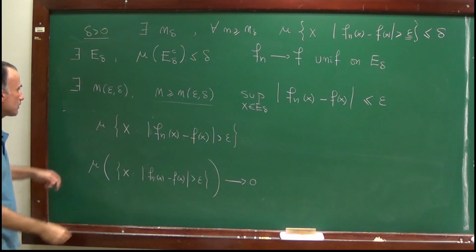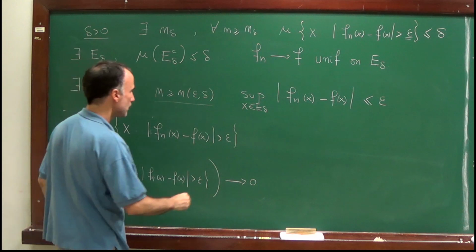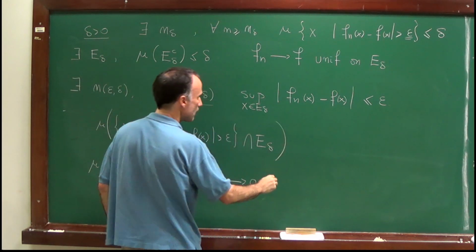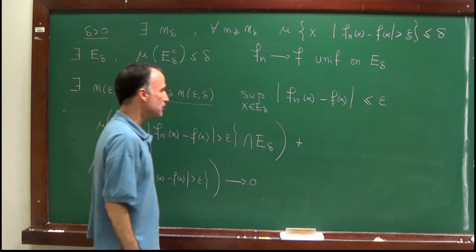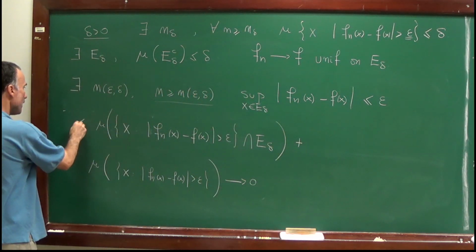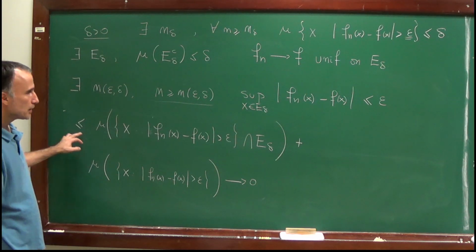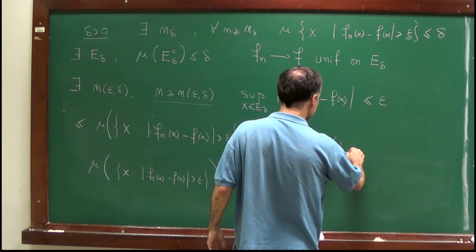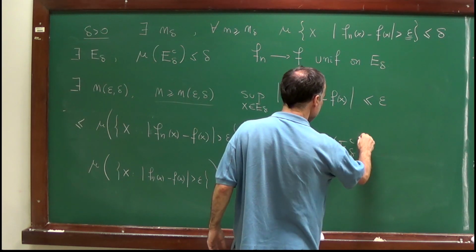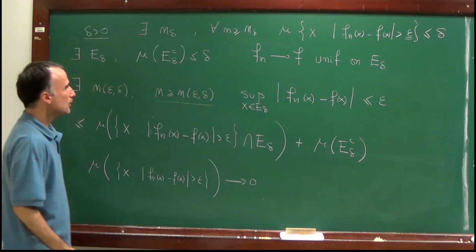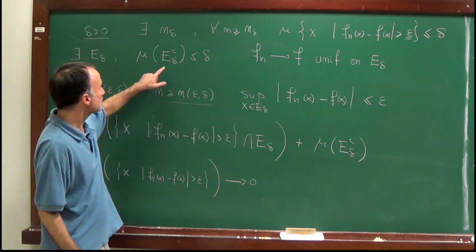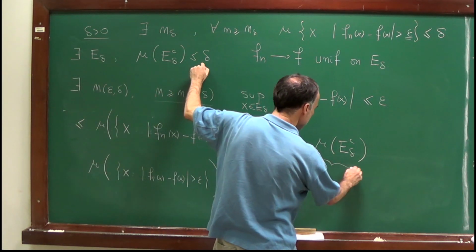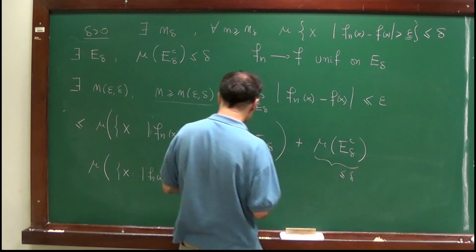I will estimate it by taking the intersection of this set with E delta and with the complement of E delta, and I get an upper bound if on the second term I just estimate everything by the set E delta complement. But we know that the set E delta complement has a measure bounded by delta. So this expression is bounded by delta.